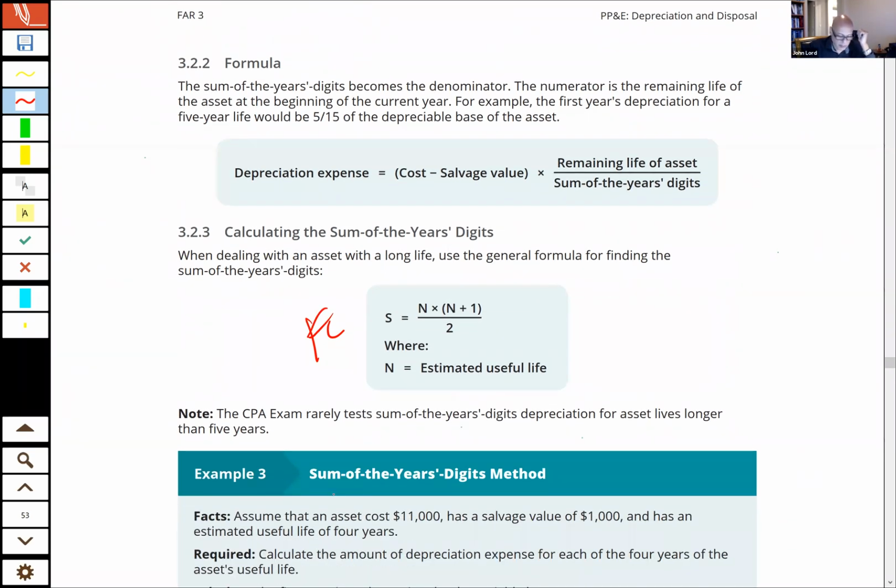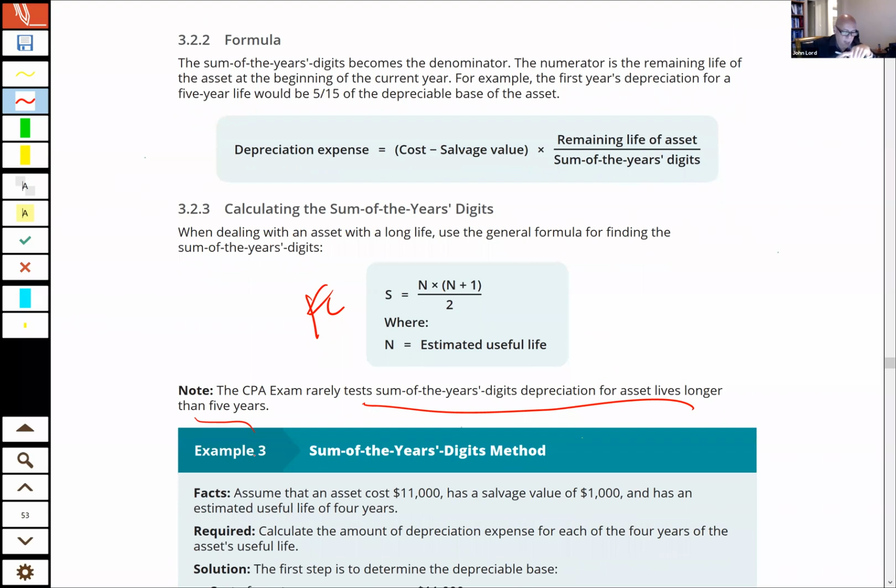If they give you some big numbers, let's say it was a 50-year life, N times N + 1 divided by 2, so 50 times 51 divided by 2, would give you the sum of the years digits of a 50-year life. Normally, the exam doesn't go much over 5 years, so you should be okay, but have that formula just in case.